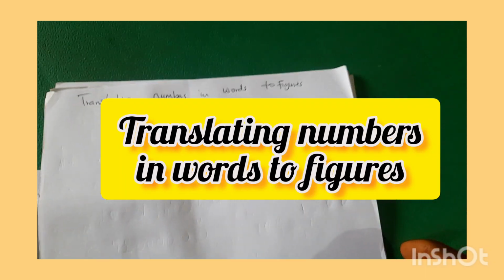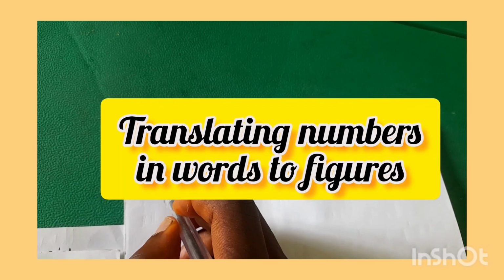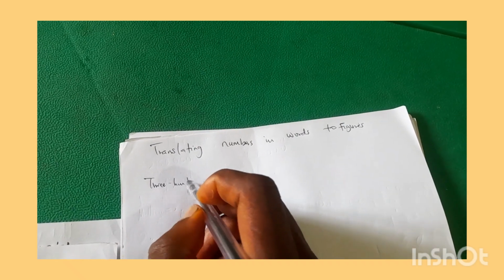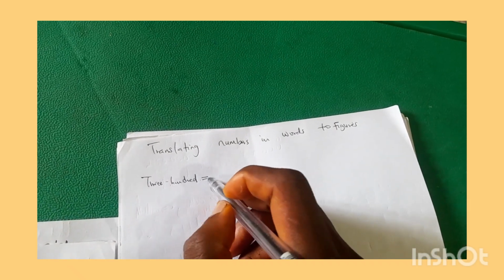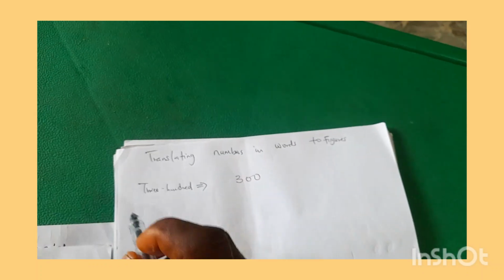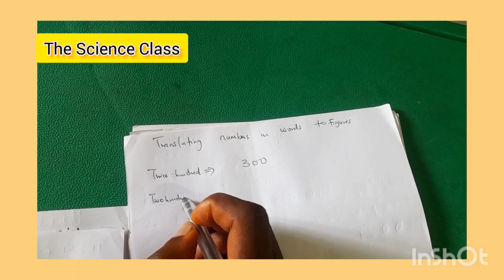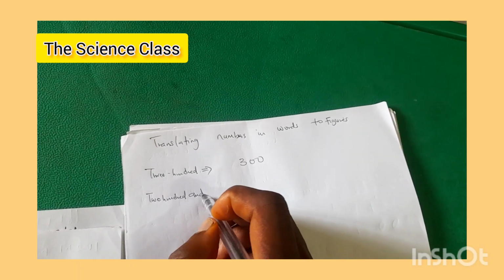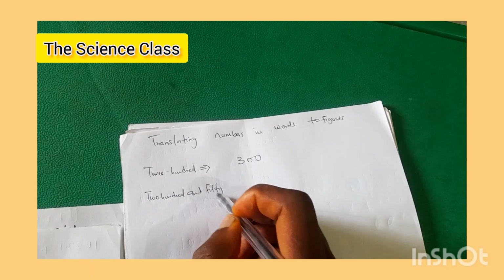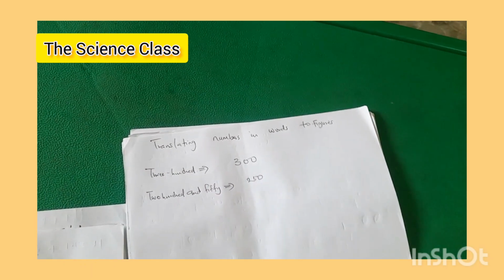So, numbers and words to figures. You have, let's say, 300. For example, in words, this just gives you 300. If you have 250, this also gives you just 250, like this.